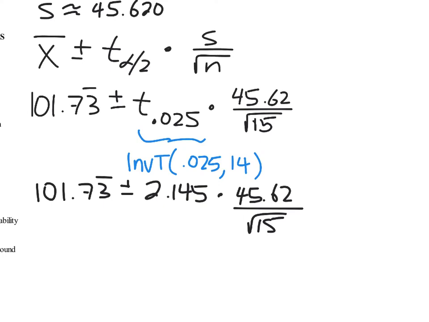Because my t statistic came up as a negative, I'll do the plus. I'm doing t, so alpha t times my fraction, which is my standard deviation. So vars, statistics, find sx, and divide it by the square root of 15. So that's one bound of my confidence interval.